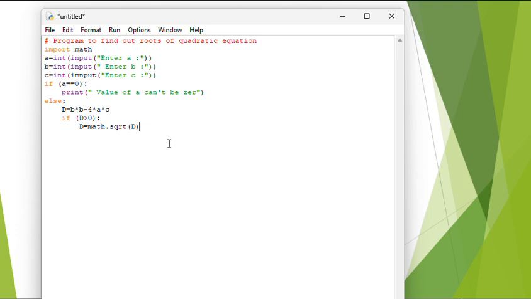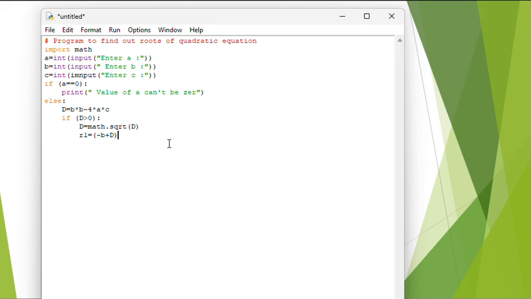So it is going to calculate the square root of d and it will assign to the value d. It will be easy. Otherwise, in both the cases, we have to calculate the value of d. Now we write the first equation. First root will be, or you can say r1 equals to minus b plus d.